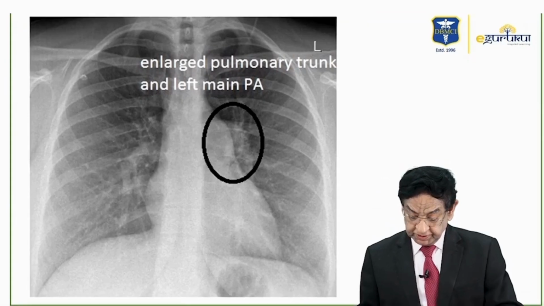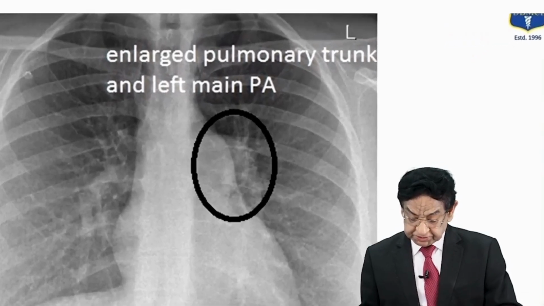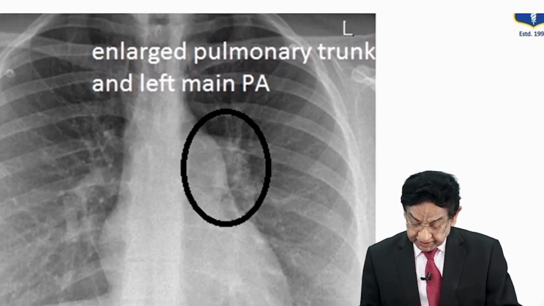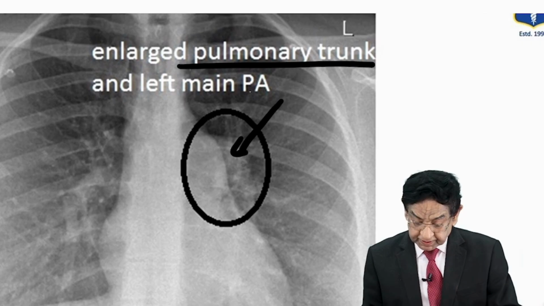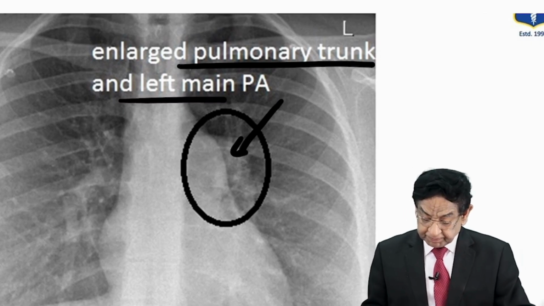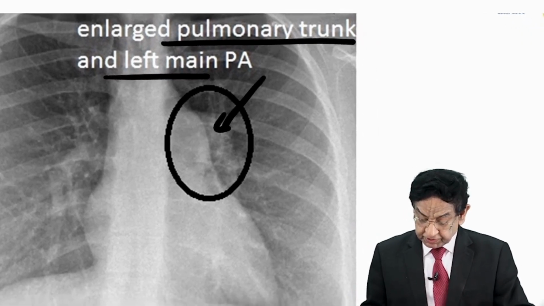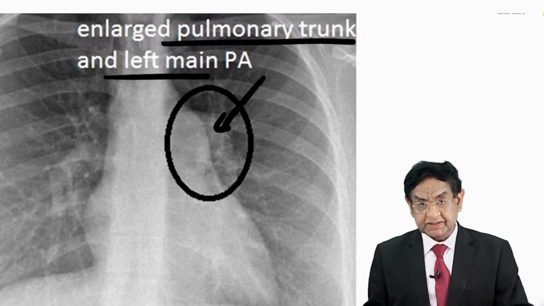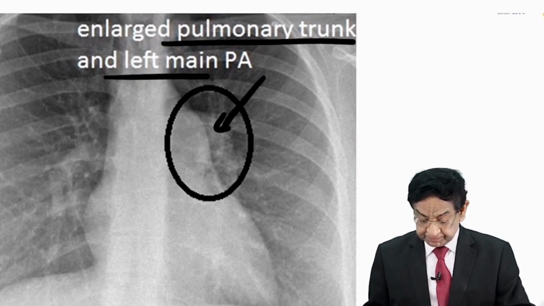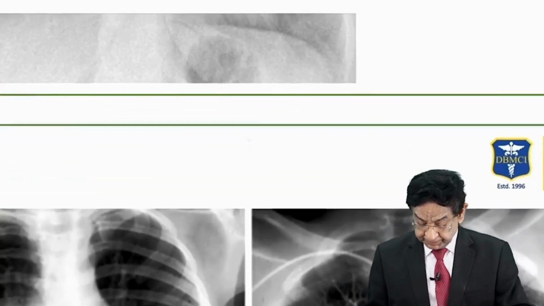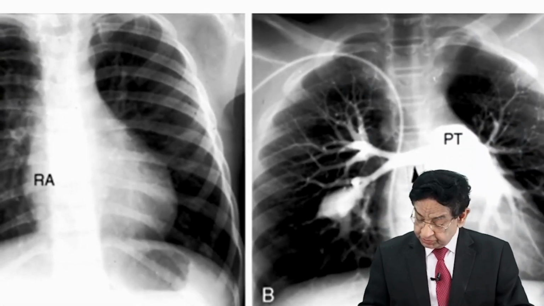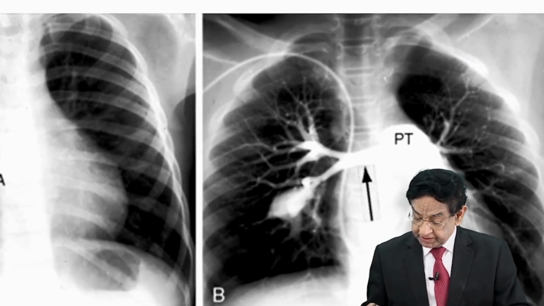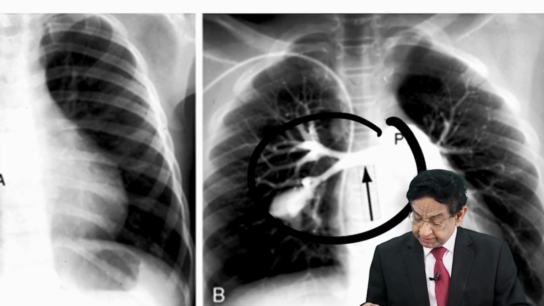Okay. So now you can see enlarged pulmonary trunk and the left main pulmonary artery. You are getting enlarged. That's a classical thing, post-stenotic dilatation. You can also see again prominent artery.